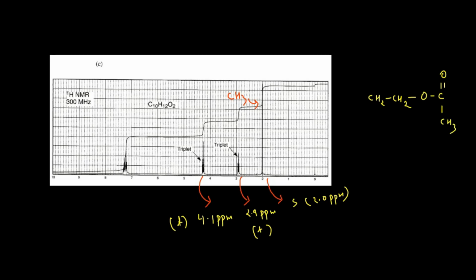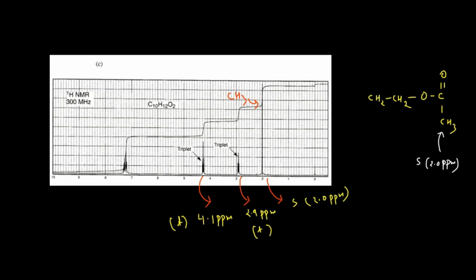So if I write the chemical shift for this one, this signal is due to the singlet at 2.0 ppm. This is quite justified because this carbonyl group, which shows the minus I effect, will shift this signal downfield from 1 ppm to 2.0 ppm.